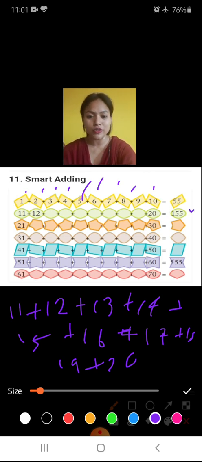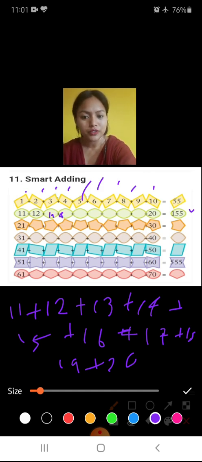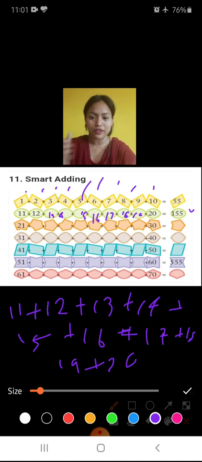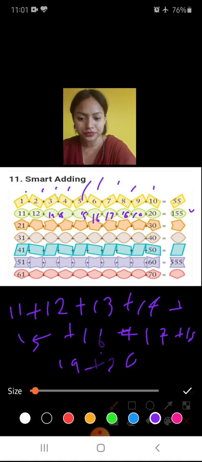So fill here 11, 12, 13, 14, 15, 16, 17, 18, 19 and 20. Your answer will be 155. Now here in this next step, it is 21, 22, 23, 24, 25, 26, 27, 28, 29 and 30.